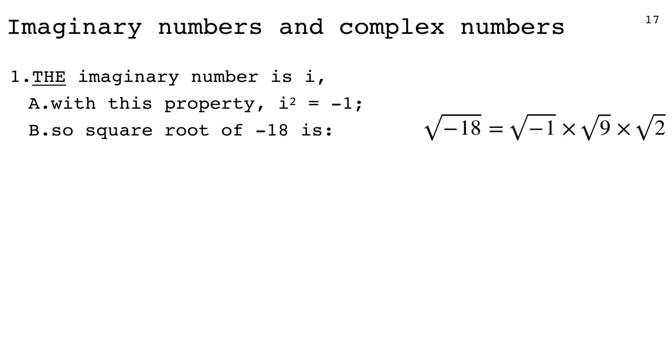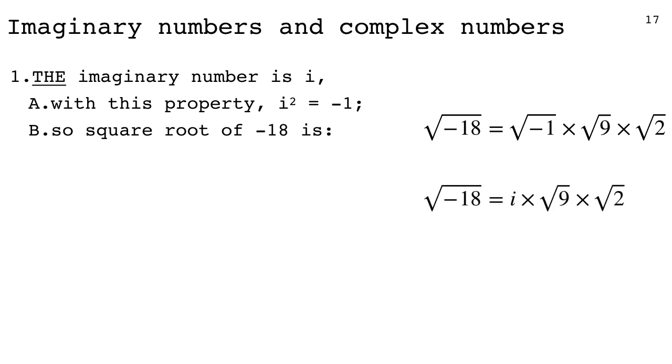Here's how you do it. Square root of minus 18 is equal to the square root of minus 1 times the square root of 9 times the square root of 2. So we're breaking it out into a product of square roots. Now that square root of minus 1 turns into the imaginary number i.